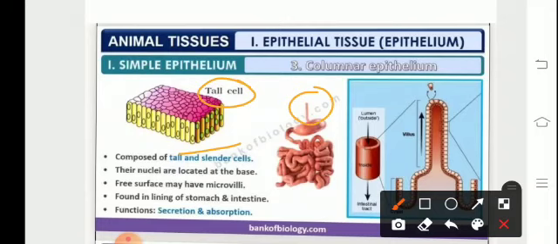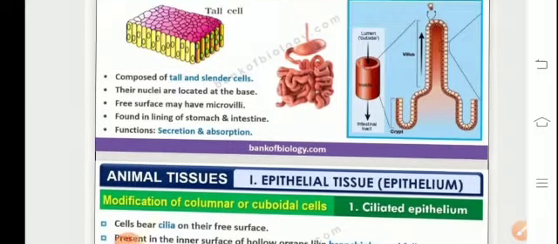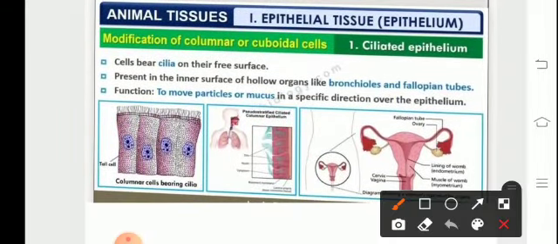They are present in the liver, which is the largest gland in the body, as well as in the bile duct. There are some modifications of this columnar epithelium, like the brush-bordered epithelium where microvilli are present, the glandular epithelium, and the ciliated columnar epithelium. One of the modifications is ciliated epithelium.